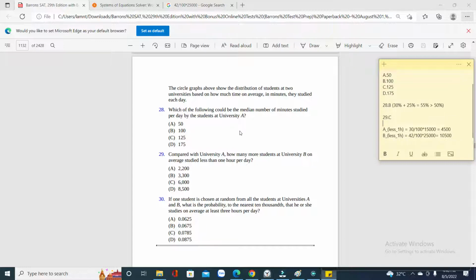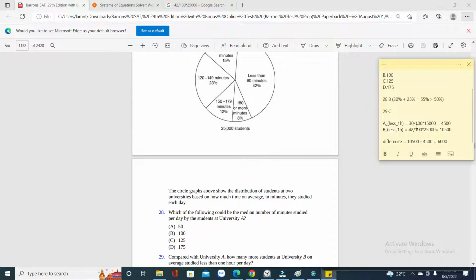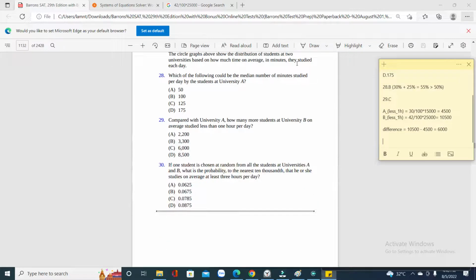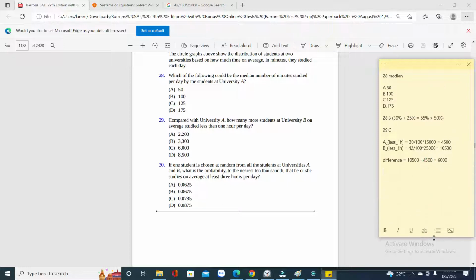Okay, so let's try 30. If one student is chosen at random from all students at universities A and B, what is the probability that he or she studies on average at least 3 hours a day? So we're going to choose from both schools.